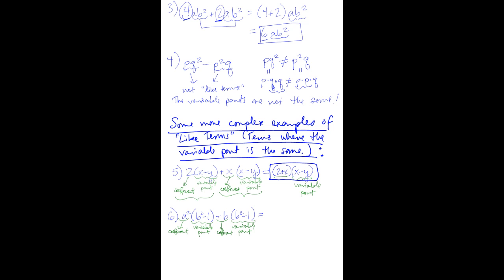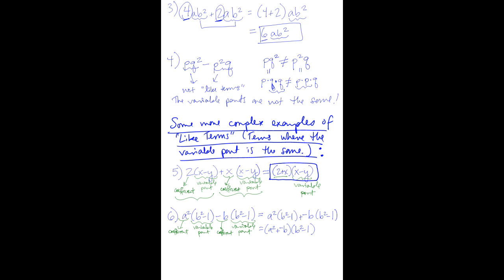First, I need to rewrite this as addition. So I could say a squared times (b squared minus 1) plus negative b times (b squared minus 1). And now I can just go ahead and add the two coefficients, a squared plus negative b, times the variable part, b squared minus 1.